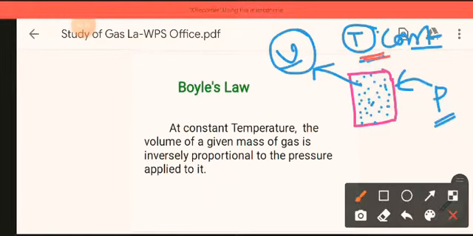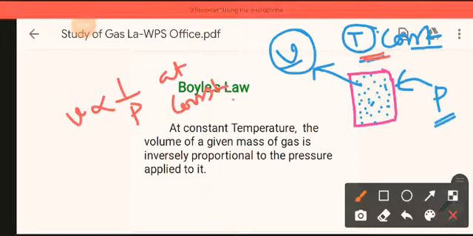At constant temperature T, the volume of any gas of a given mass will be inversely proportional to the pressure applied to it. So we can say this V is inversely proportional to P at constant temperature.